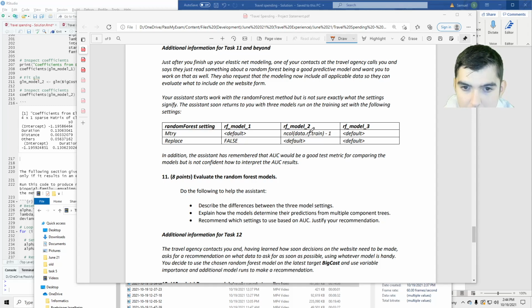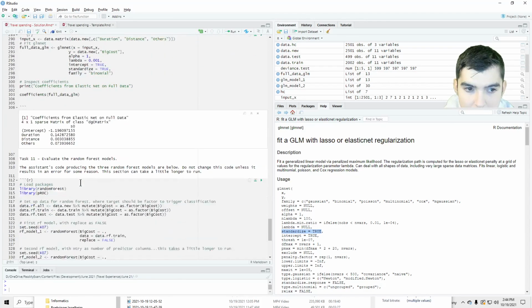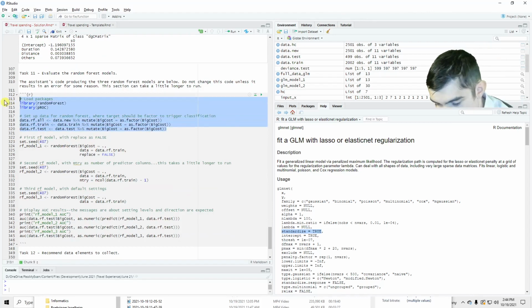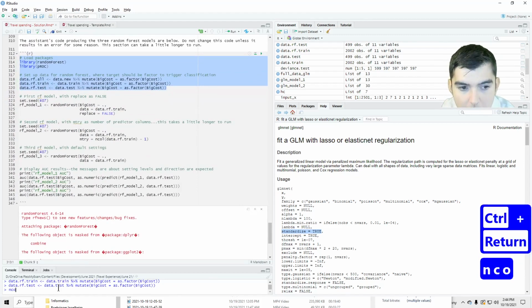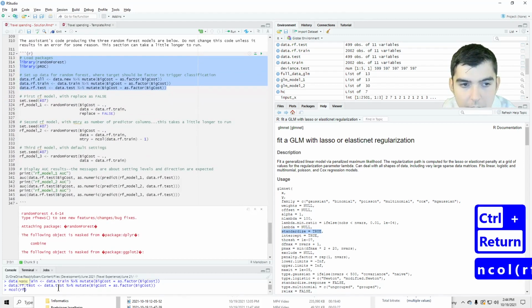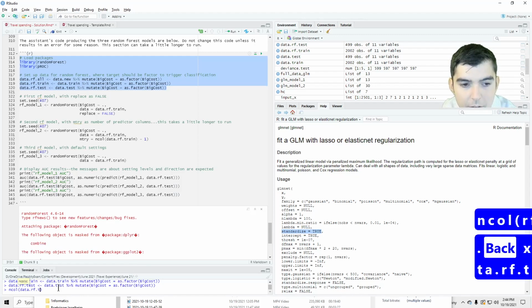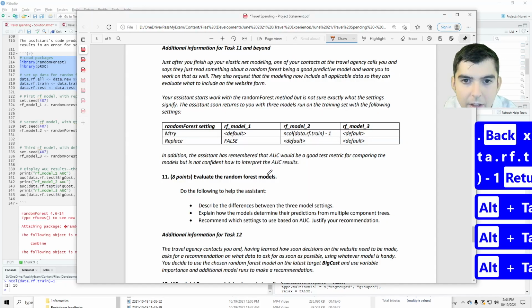So some of these things you can figure out, like ncol RF data train. What is that? There's RF data train. So if I look at ncol of data.rf.train and then -1, that's equal to 10.